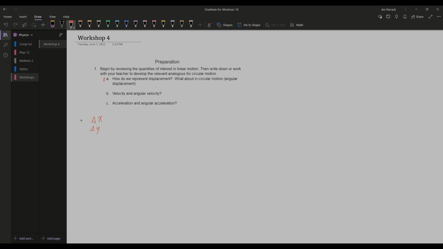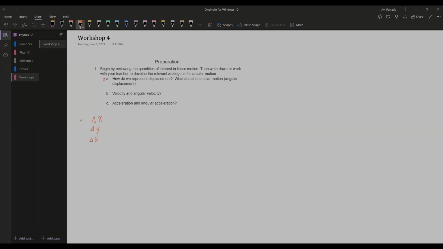Or if we don't want to say a specific direction, we could talk about a change in S, where S is position. And a change in S is some displacement, right? Some change in position. Now, what is analogous to this in circular motion?